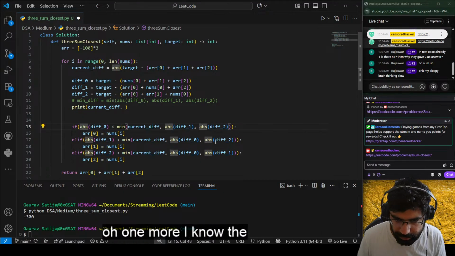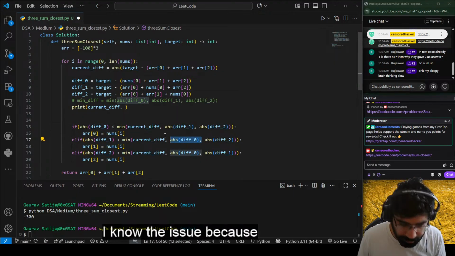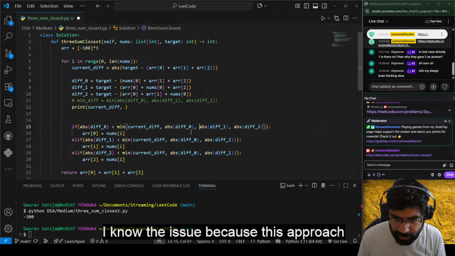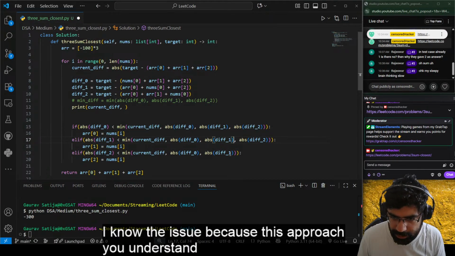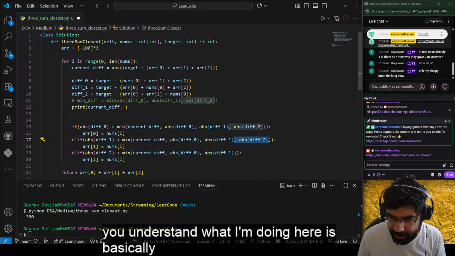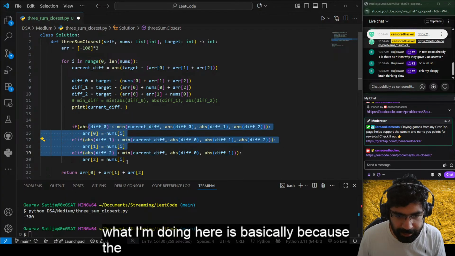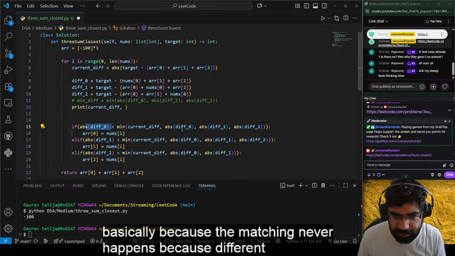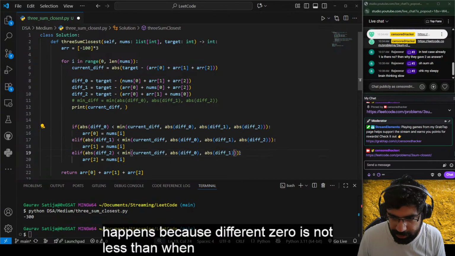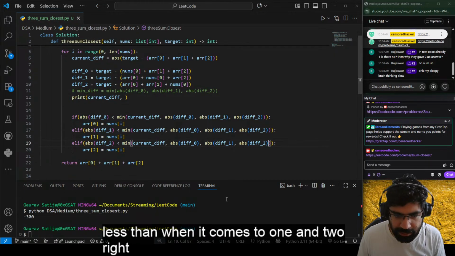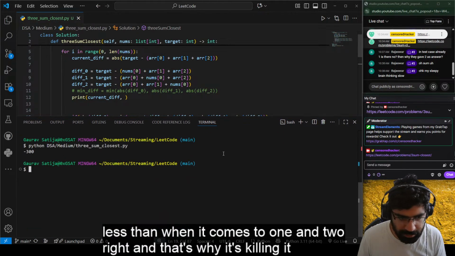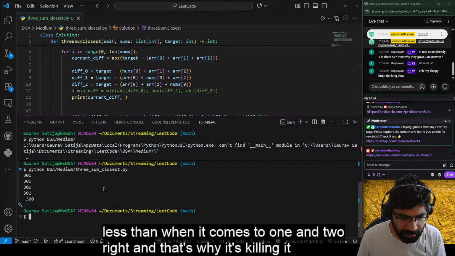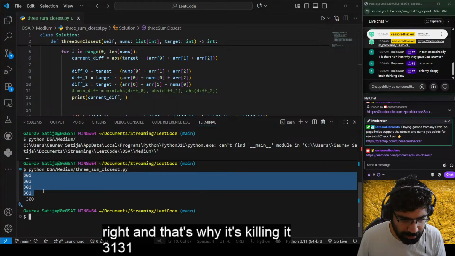I know the issue. You understand what I'm doing here? It's basically because the matching never happens, because difference 0 is not less than when it comes to 1 and 2, right? And that's why it's failing. 301, 301, 301, negative 300.